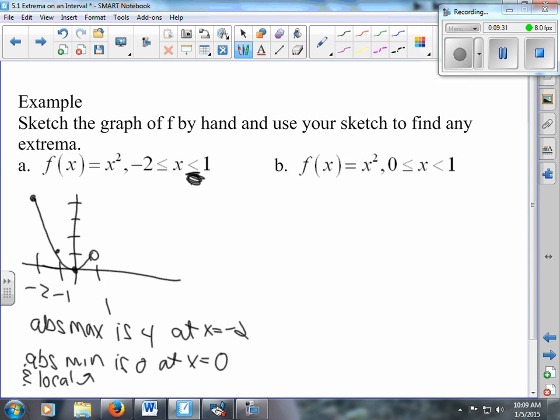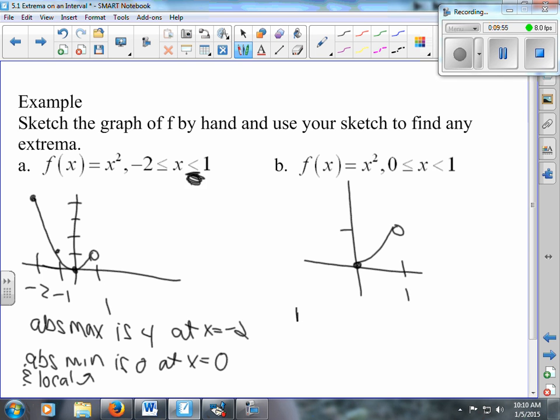Okay, in my next example, I have changed the endpoints. So I'm only between 0 and 1 now. So I have 0 and 1, and I do this. All right, so again, I don't meet the requirements of the extreme value theorem, so I don't have to have an absolute max or min. I did last time, even though I didn't meet the requirements, and this time I'm not going to.